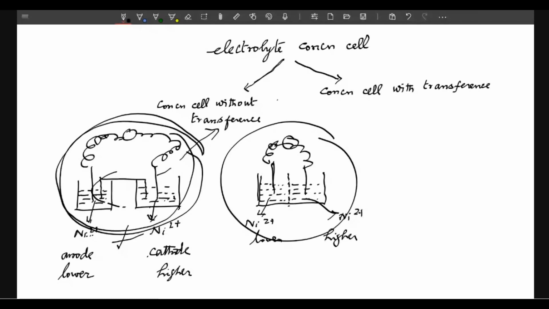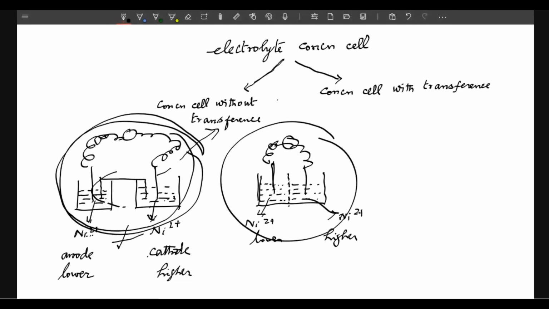Therefore, we have to see whether these two involve two different cell EMFs. Definitely, if a salt bridge is used, the same concentration cell would have one EMF for the same concentration of the electrolyte. If you are using a semi-permeable or porous part, it has another EMF.